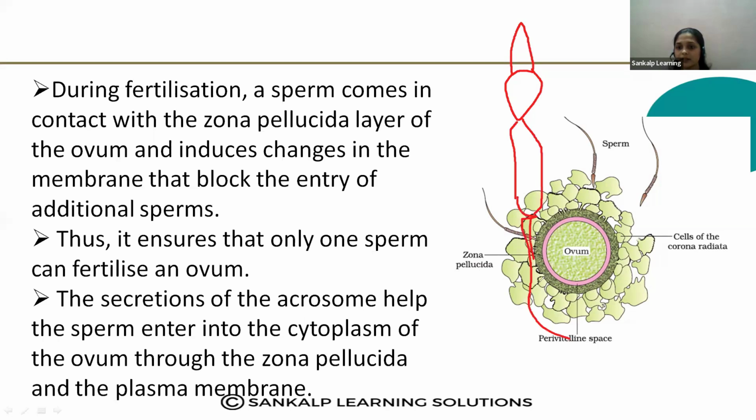Just imagine this is the structure of the sperm. In the head region you can observe the nucleus and this triangular shaped part. What is it called? Just write down your answer in the comment box.